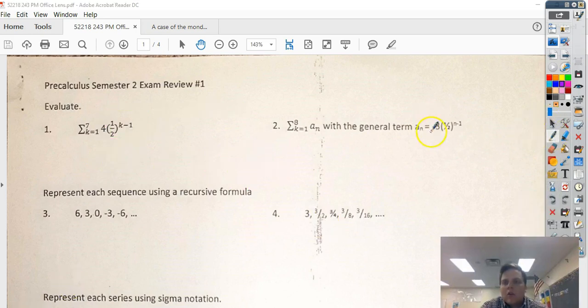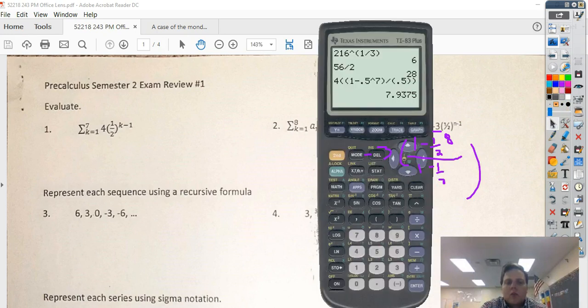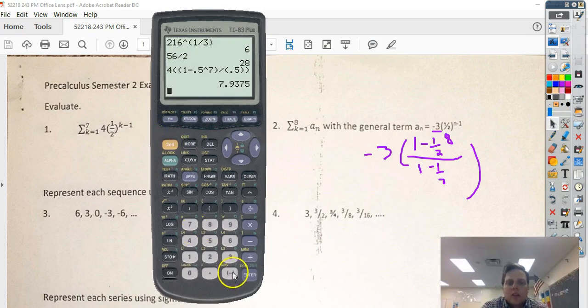So our first term is -3. Our r is 1/2 again, so 1 minus 1/2 raised to the total number of terms, which is 8, all divided by 1 minus 1/2. Now I'm ready to throw this in my handy dandy calculator. So -3 times 1 minus, I'll throw this in parentheses this time.